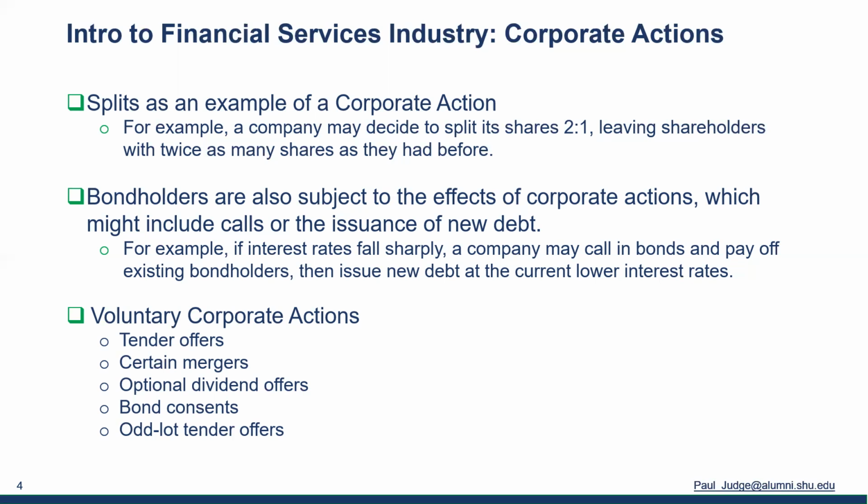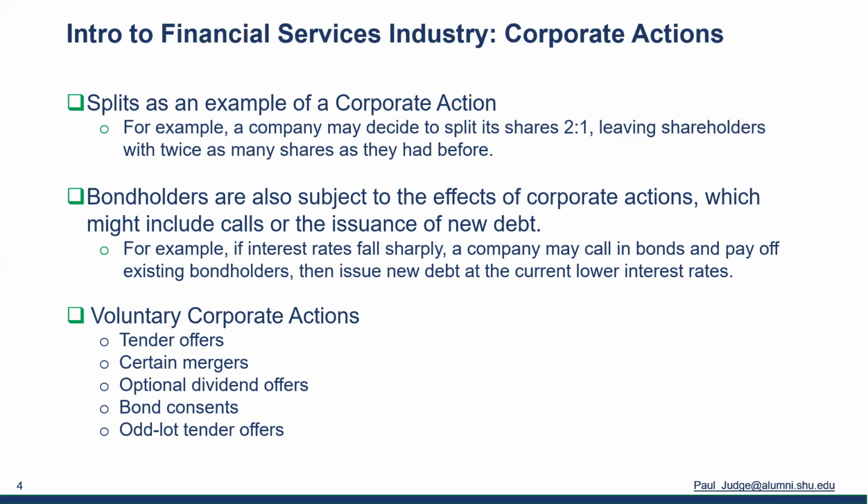The corporation may decide to call those bonds back in and pay them off, settle them, pay the bondholders up to that date, and then they'll go out and issue new bonds at 6% or 5%. So the idea is, if you've got bonds outstanding and the bonds were created with callability, they're allowed to be called.